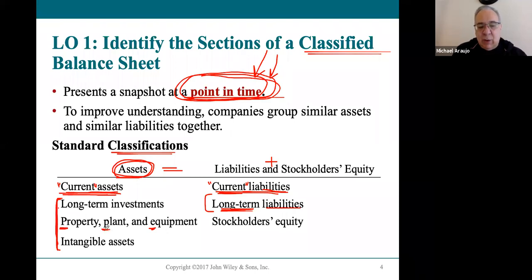Plant is an older term for buildings, factories, things like this. So if a company has buildings or factories, in the case of manufacturing, they would be under plant from property, plant, and equipment. And equipment is a pretty broad term. It could mean something very technical like robotic equipment on an assembly line.